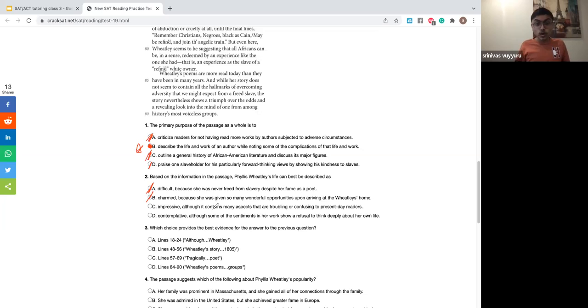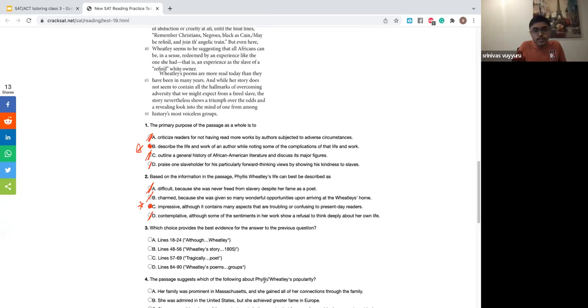C, impressive, although it contains many aspects that are troubling or confusing to present-day readers. Sounds promising. D, contemplative, although some of the sentiments in her work show a refusal to think deeply about her own life. Nowhere in the passage does it talk about her thinking about her own life, and I don't think a question would ask you for an answer where it doesn't mention it at all in the passage. So I'll cross out D as well, and C is our answer.